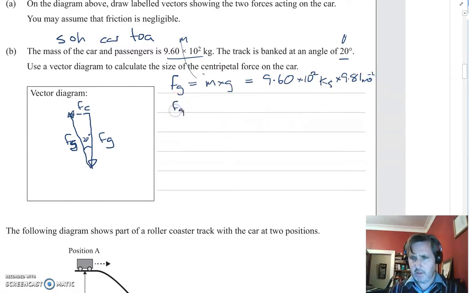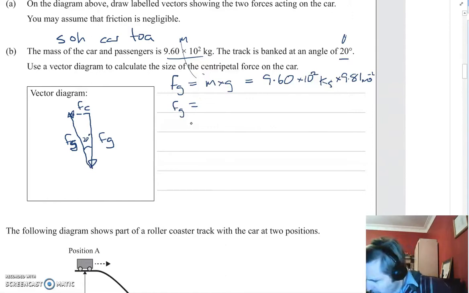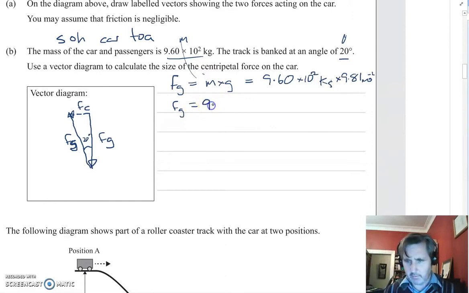So we get Fg equals 9417.6 newtons. Now we know one of the sides and we know an angle, so we can do a trigonometry calculation. I want to find Fc. It is the opposite to our angle, and Fg is the adjacent.